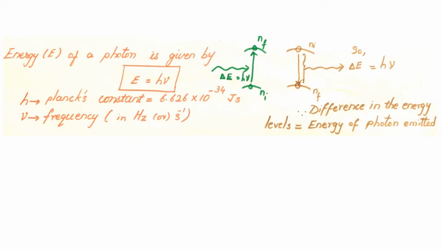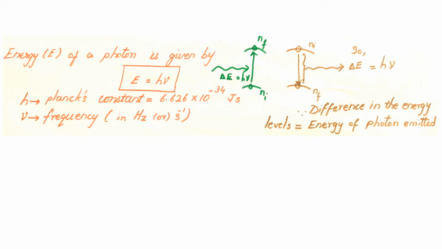Now, if you look at the adjacent picture, you can see a symbol delta introduced near E equal to h nu. Why do you do that? Because consider an electron moving from a lower orbit to a higher orbit. It does so by absorbing or gaining some amount of energy from some external source of radiation, and this radiation consists of photons.